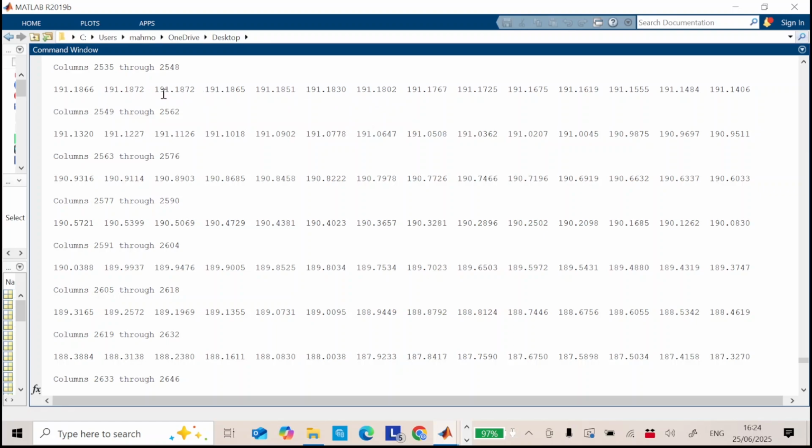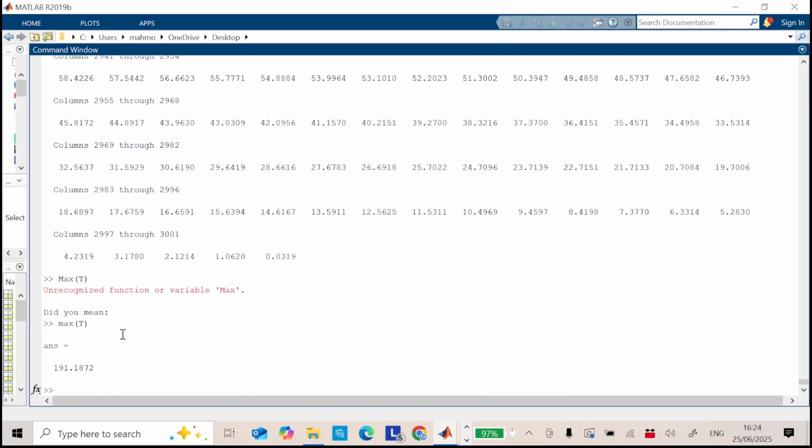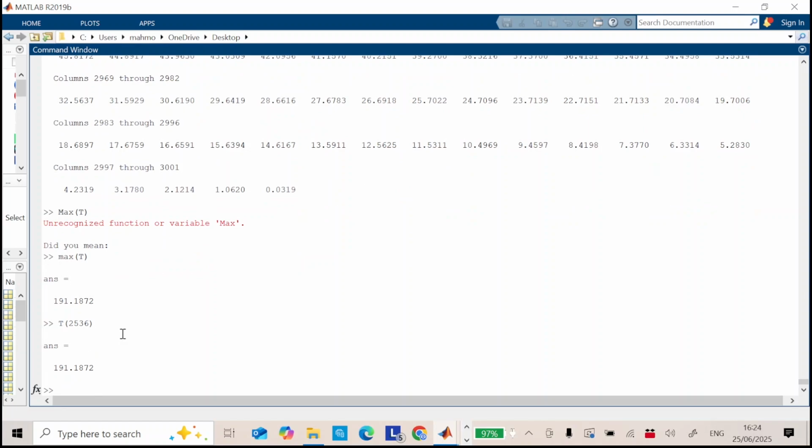We can see that the maximum point is at 2536. So let's check. We are going to write T of 2536. That one is going to give you the maximum torque, which is correct.